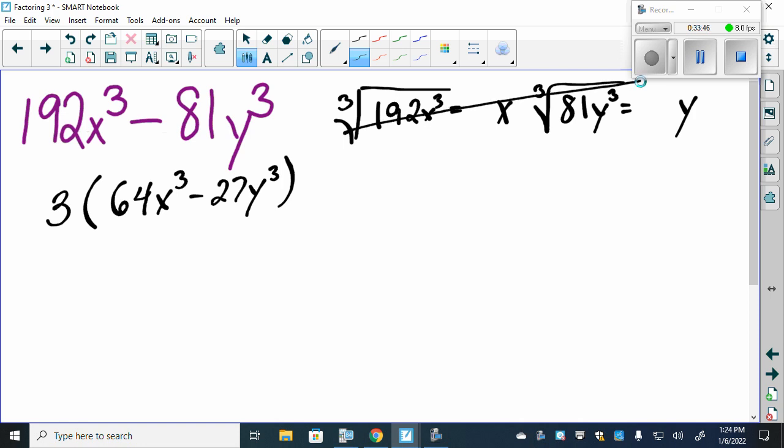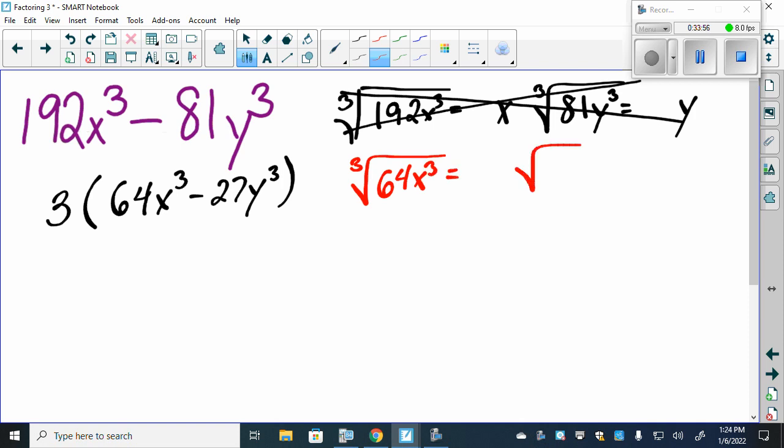So it worked out that the original 2 did not have perfect cubes, but our new 2, 64x to the third, these here will work. Now we've already found 64 once, because the cube root of 64 is 4, and x cubed would be x.